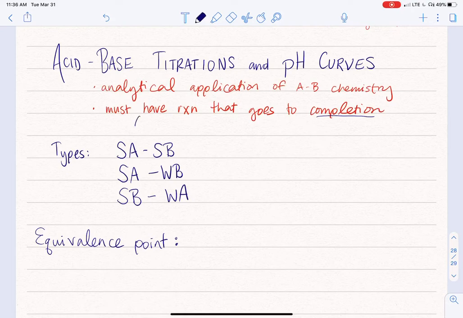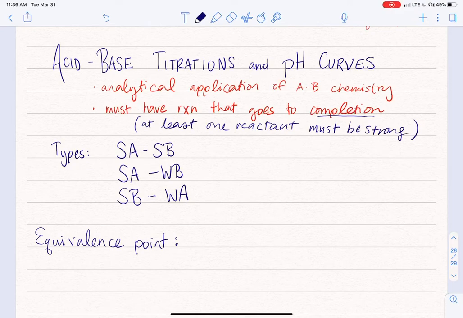What that means is that at least one of the reactants must be strong, either a strong acid or a strong base, to drive that reaction forward towards products. So because of that, we have only a limited number of types of acid-base titrations that we can have. You can titrate a strong base with a strong acid, or vice versa.